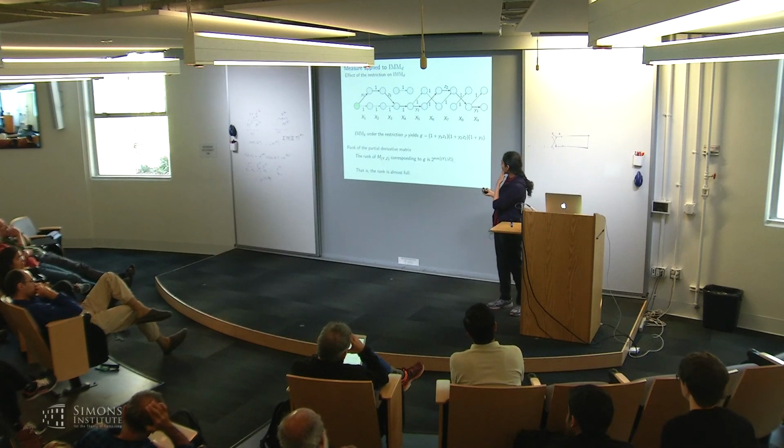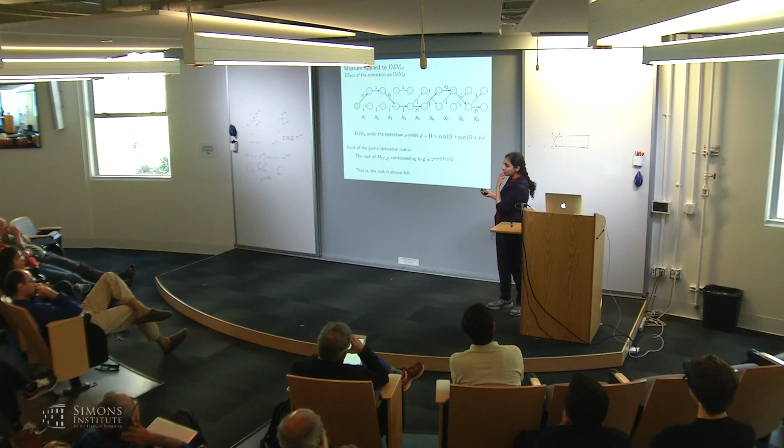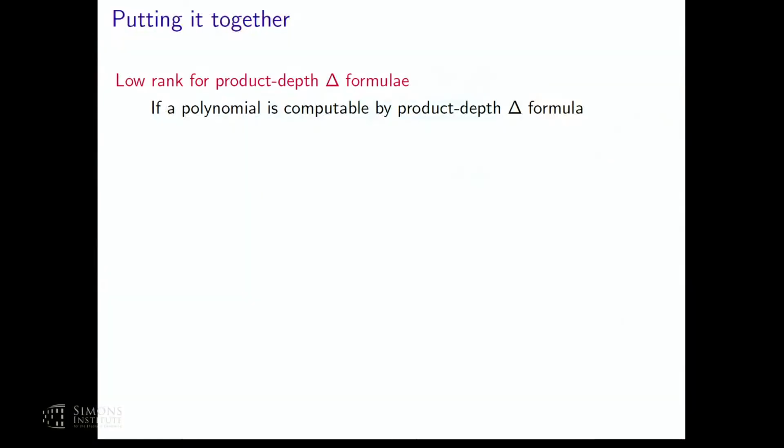So this is what happens to the polynomial under the chosen restriction. As Avi said, basically choose the restriction that gives you full rank for the polynomial, and then the hard work remains to show that it actually works even in the case of the formula.